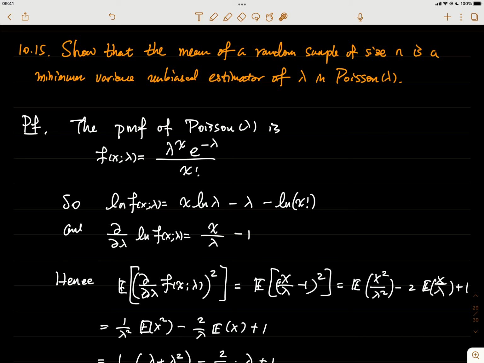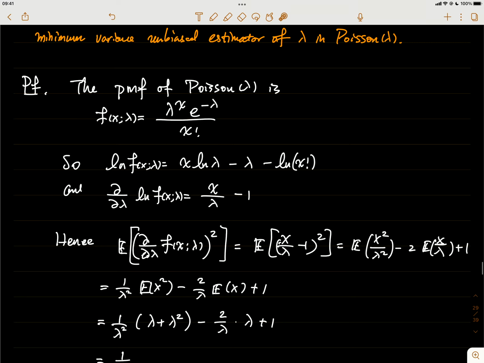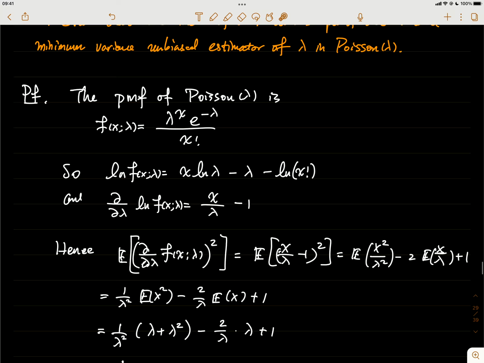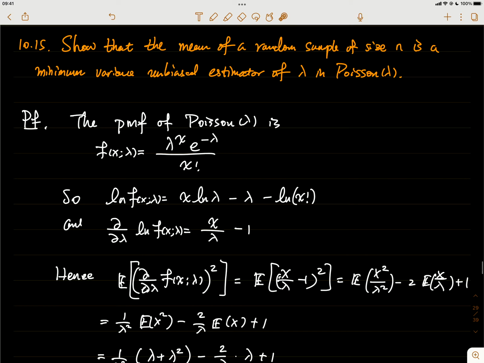Remember we have a theorem from class. By that theorem, we just need to check a condition, which uses the Fisher information, right? So we just need to show that the variance is equal to the one characterized by the Fisher information. Then we can prove that it is the minimum variance unbiased estimator.